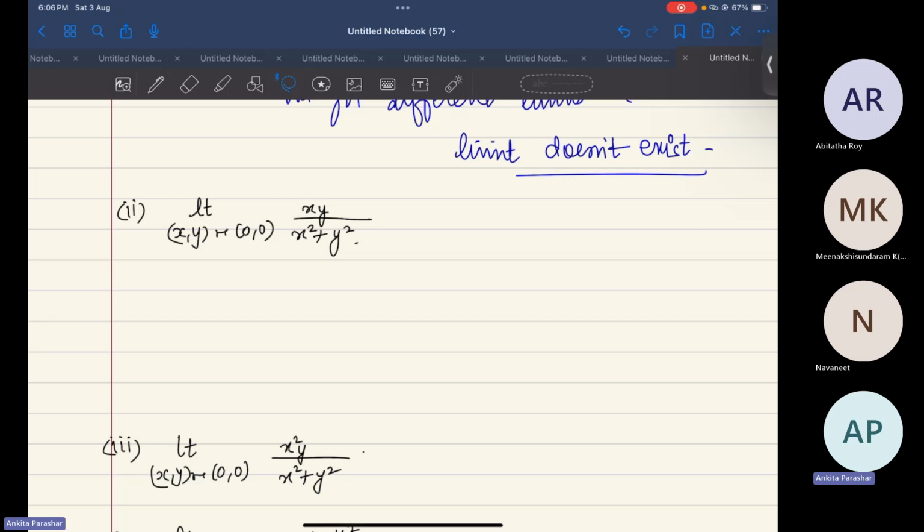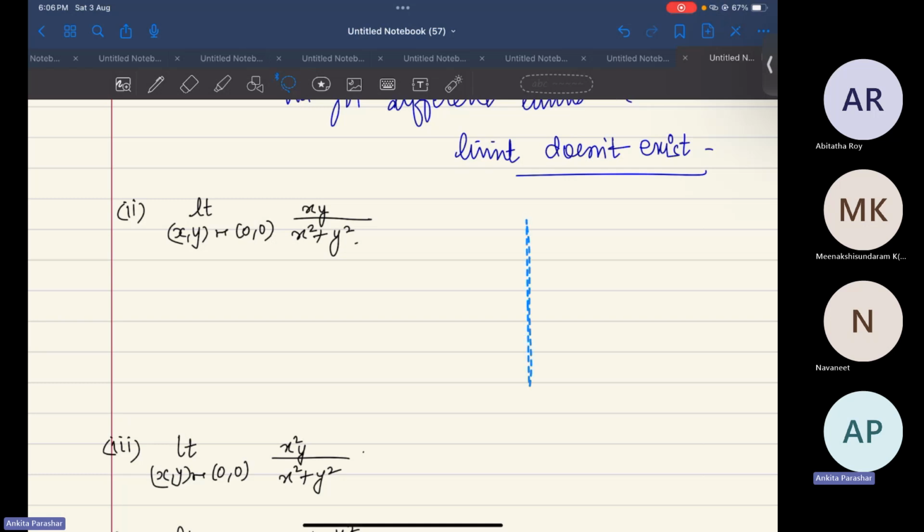Can you tell me the limit? Yes, we can do it. So look at the function carefully and at what path. Here y equal to 0 and x equal to 0 are not at all useful. You have to use some other path.